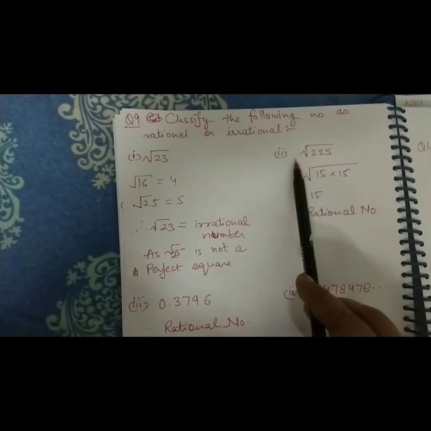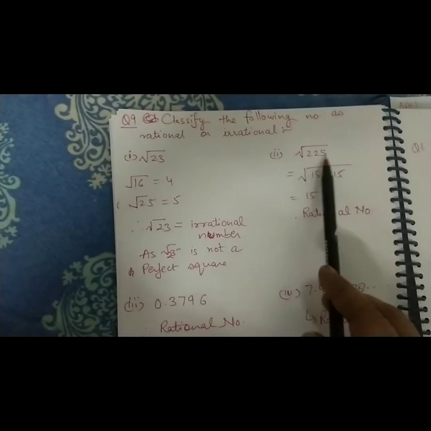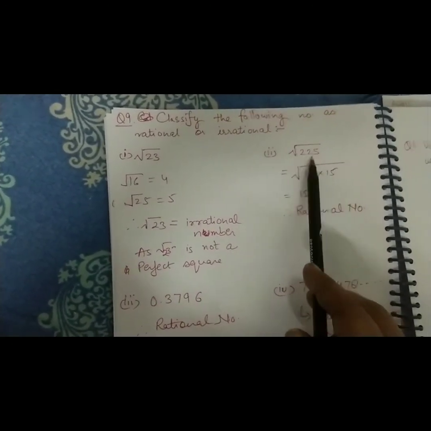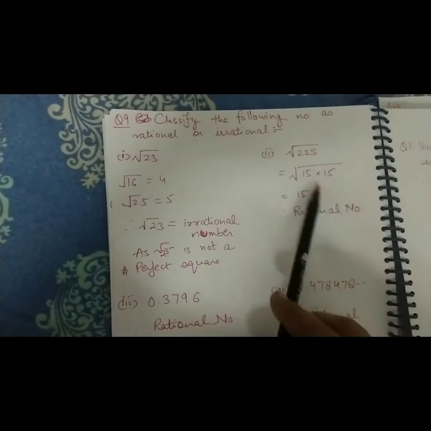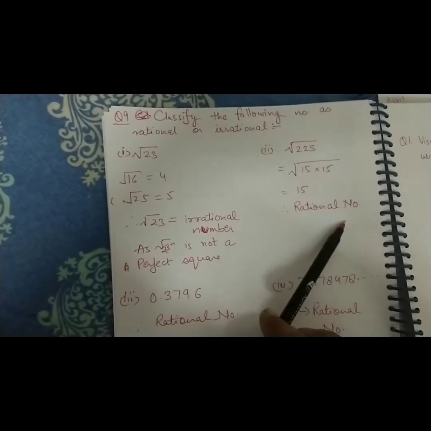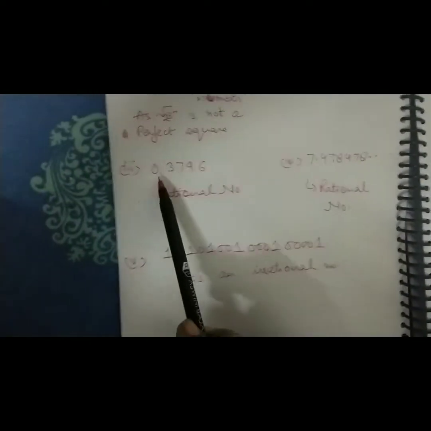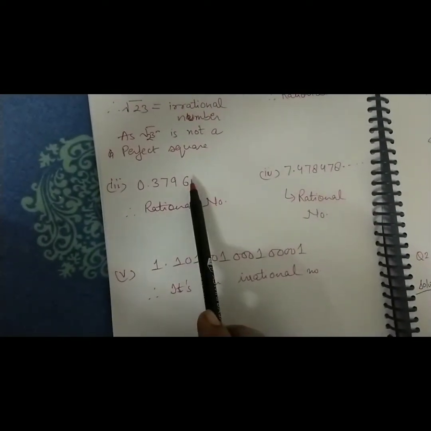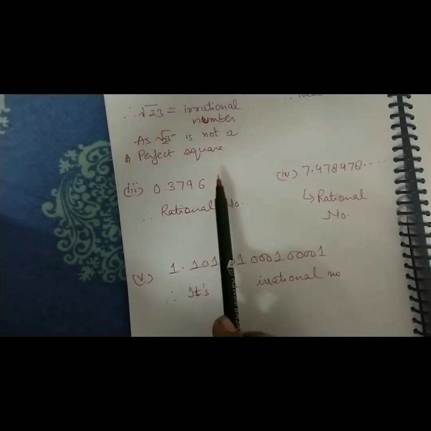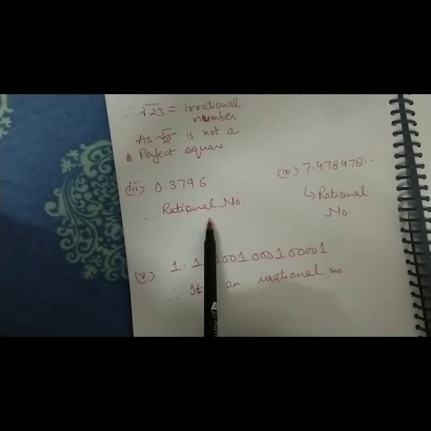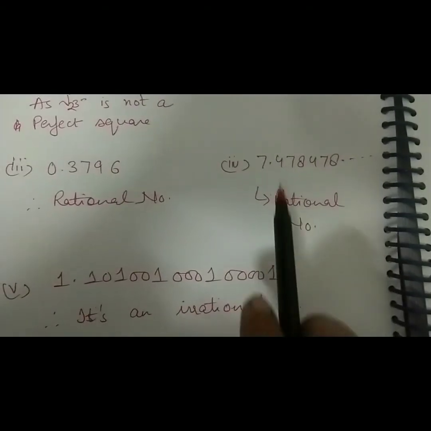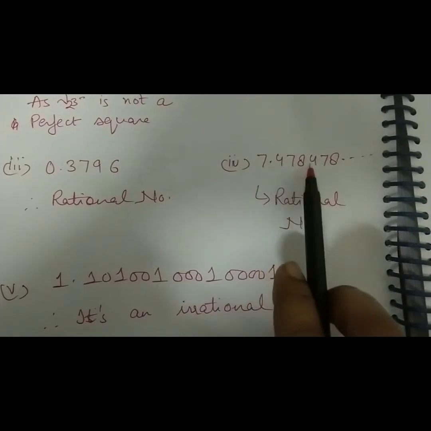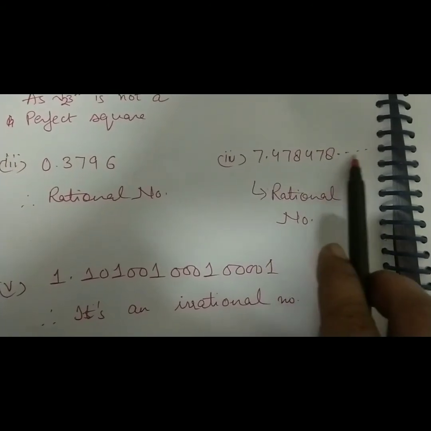Part 2 of this question, under root 225. 225 is a square of what? 15. So it's also a rational number. Now 0.3796. 3796 is a terminating number, so it will be a rational number. Fourth part says 7.478478 and goes on.